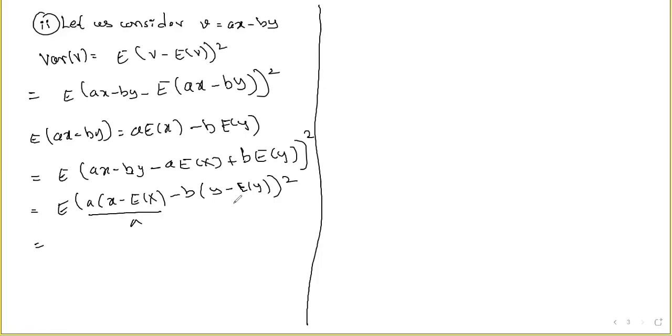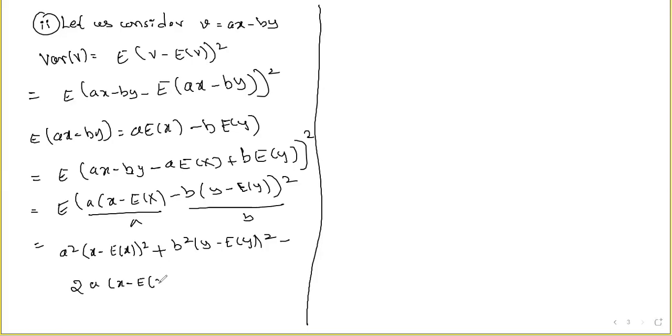Okay, now same. You treat this as a, you treat this as b, then the a minus b whole square formula, that is a square: a square x minus expected value of x whole square, plus b square y minus expected value of y whole square, minus 2 times ab, that is a into x minus expected value of x into b y minus expected value of y.